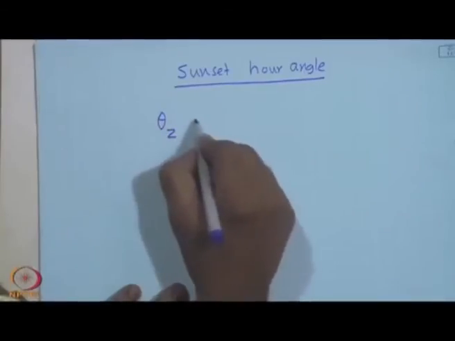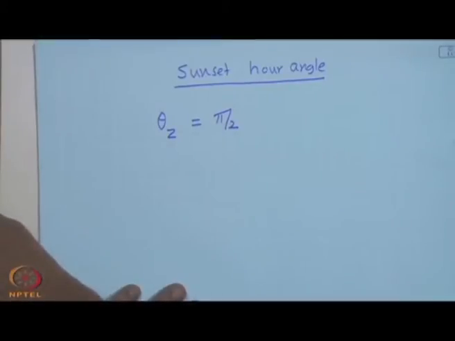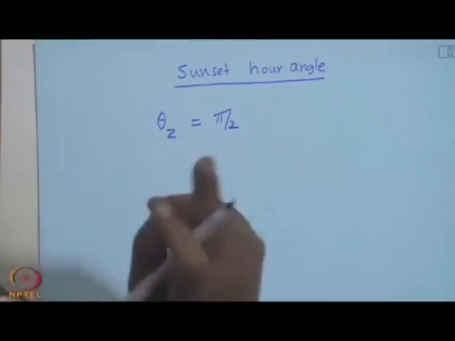So, you put theta z equal to pi by 2, because remember you are measuring from the vertical. So, horizontal ray will be at an angle of pi by 2 and not 0.